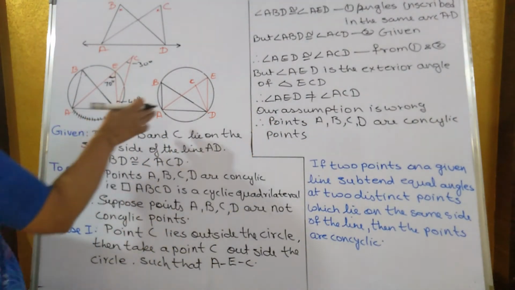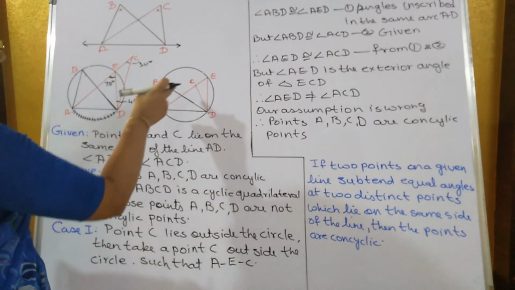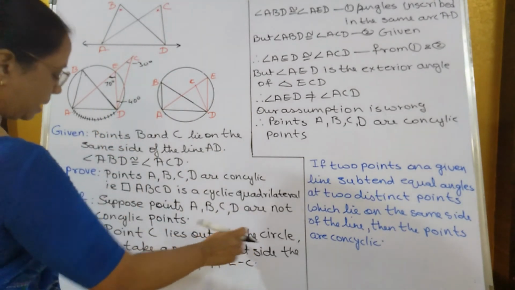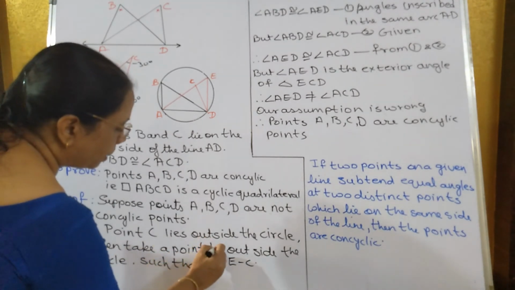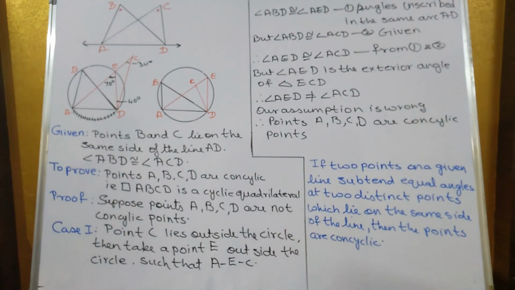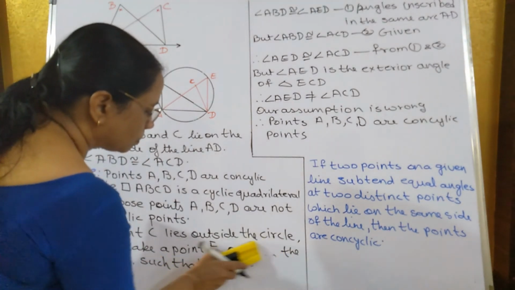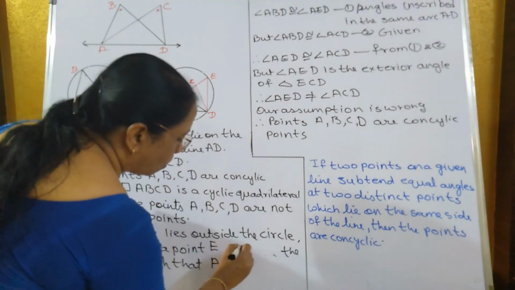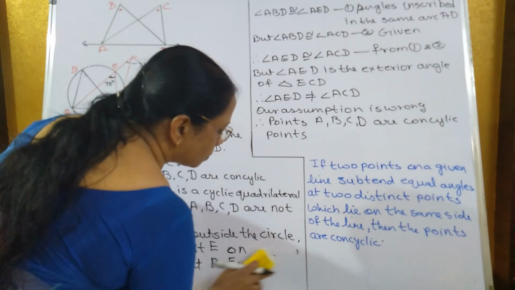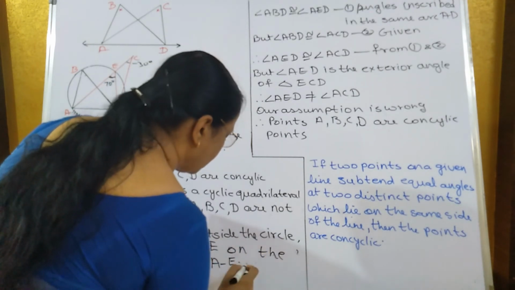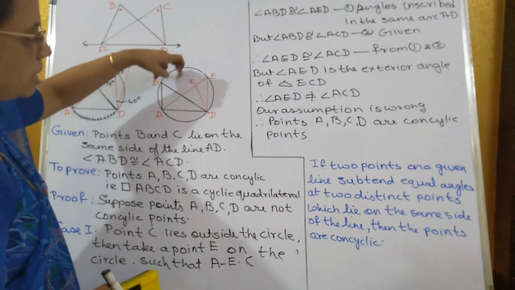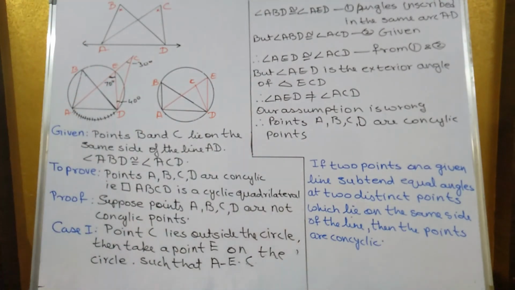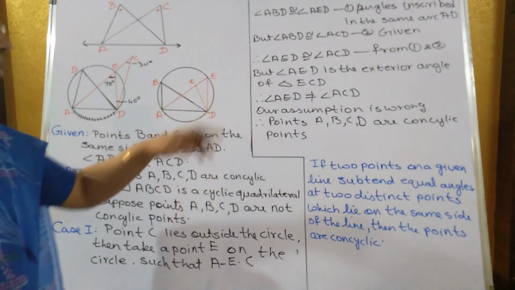The same way you have to prove the other case. The same thing will come, only you have to say point C lies inside the circle. Then take a point E on the circle such that A, C, E are collinear, that means all 3 points are collinear.